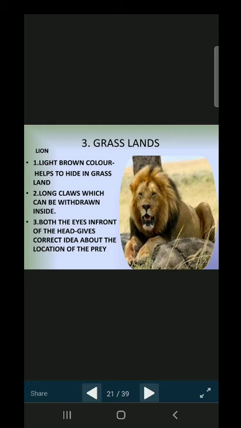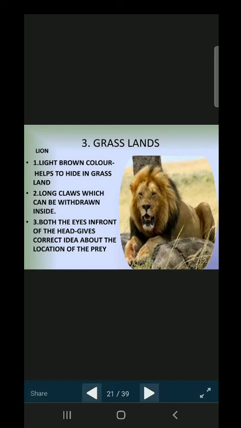Next are the adaptational features exhibited by the grassland animals. The lion has a light brown fur coat which helps it to hide in the grassland. It has long claws which can be withdrawn inside.